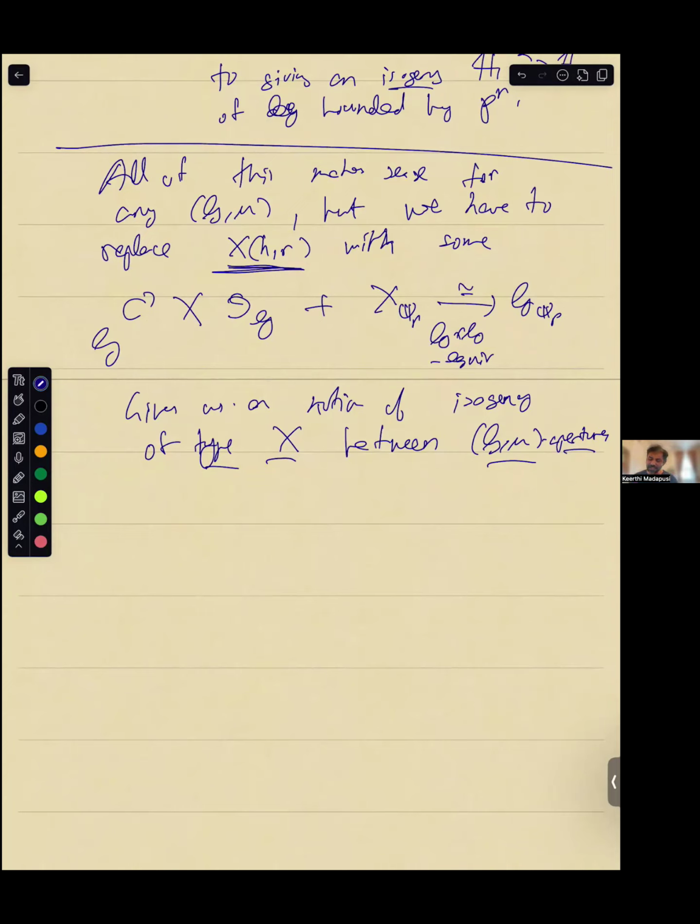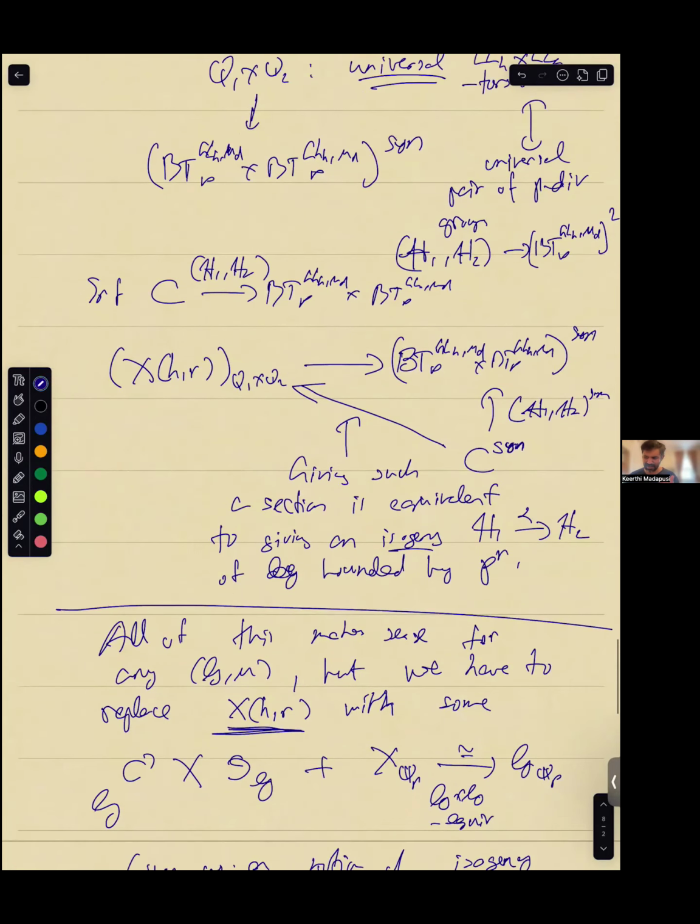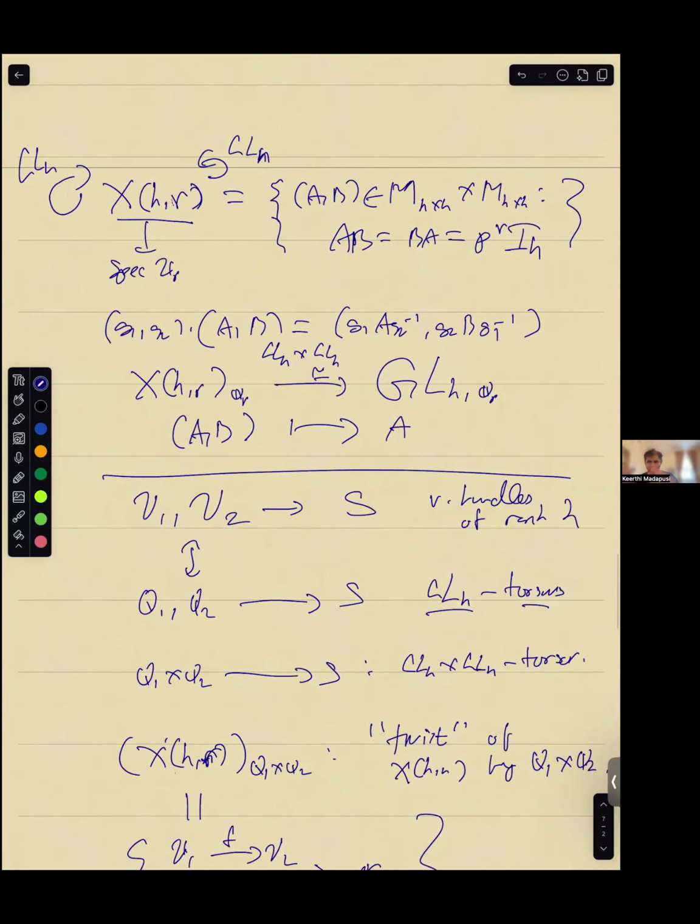So this is where you need to use a little bit of theory. The question is how to find such X. If you think about what happened in this story, you start with a space of matrices. The space of matrices is a monoid scheme with a two-sided action of GL_h, and then you restrict the matrices that you allow inside of this monoid, more or less.